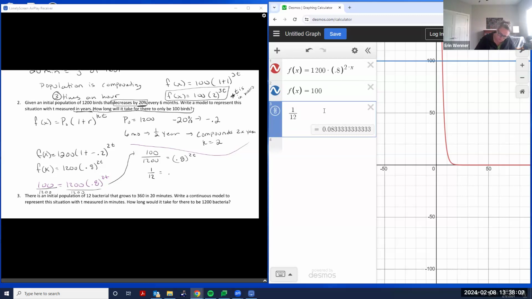So from here, I need to take the log of both sides. And knowing that power rule is really important because it allows us to bring that exponent down.